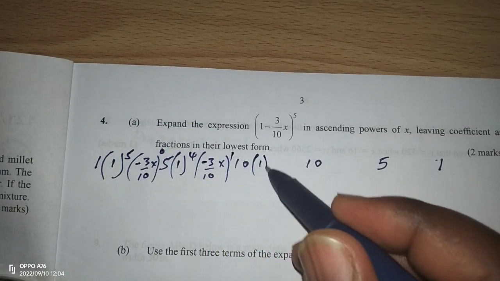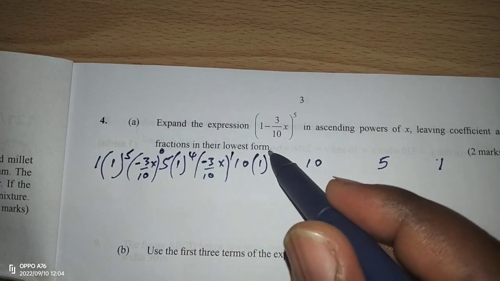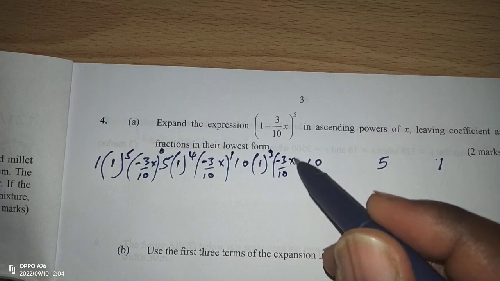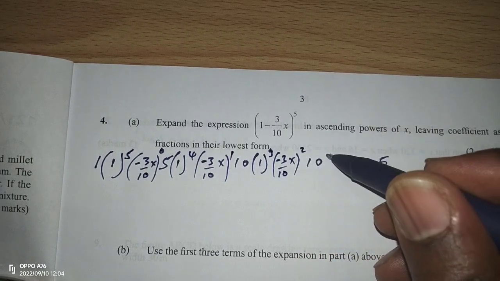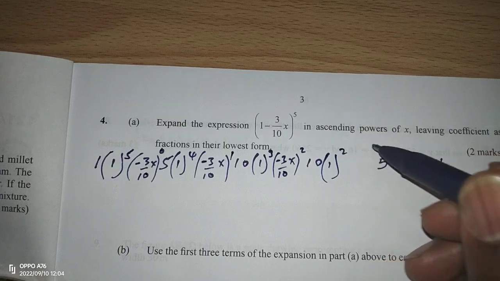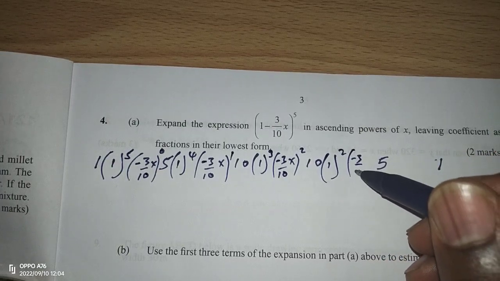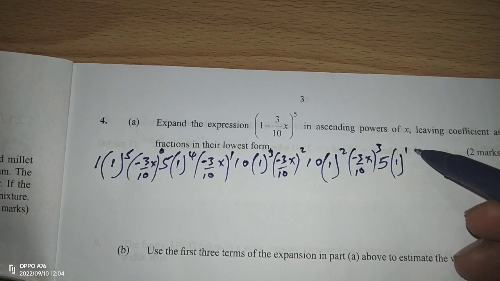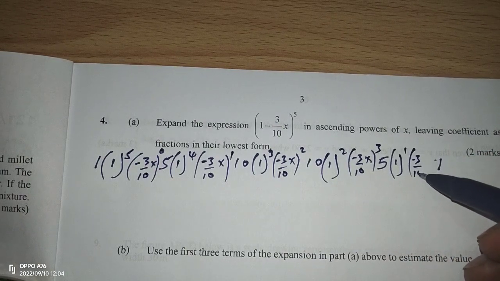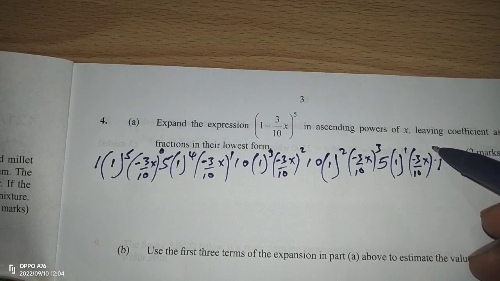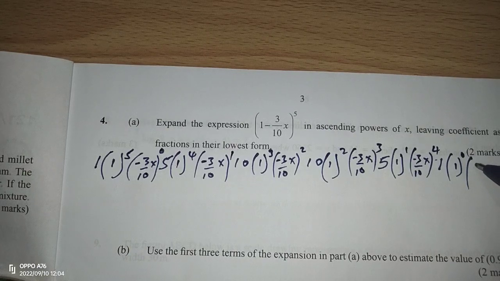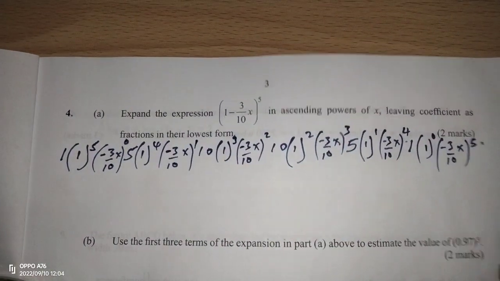We move ahead to 1, which will now be power 3, and negative 3 out of 10x to be squared. 1 gets to power 2, and negative 3 out of 10x gets to power 3, then 1 power 1, and negative 3 out of 10x now becomes power 4. And finally, we shall have 1 getting to 0, but negative 3 out of 10x becomes power 5.